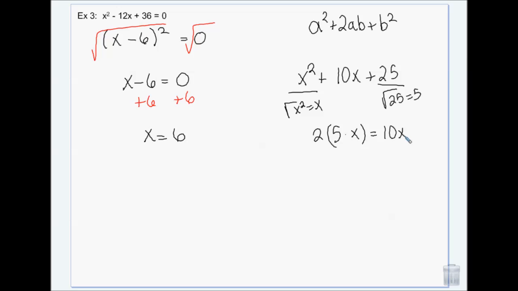So that lets me know this is a perfect square trinomial. And then the factored form of this is I take my two square roots and whatever sign is right here. So x plus 5 squared. If it was minus 10x, it would be minus 5.